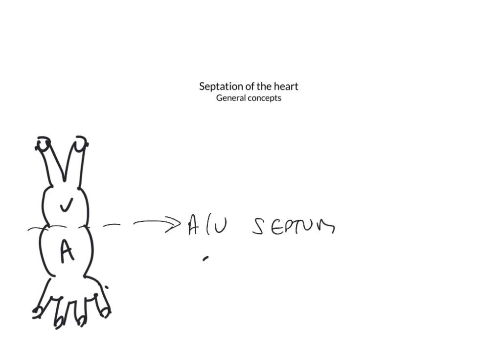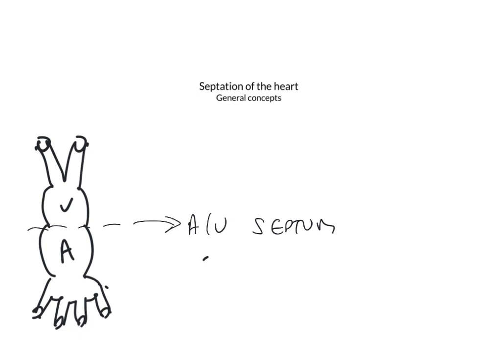And this will enable us to partition the atria from the ventricles. And embedded within the atrioventricular septum, we will find our atrioventricular valves. So we need to form an atrioventricular septum.